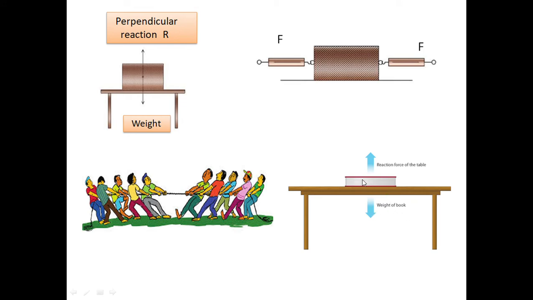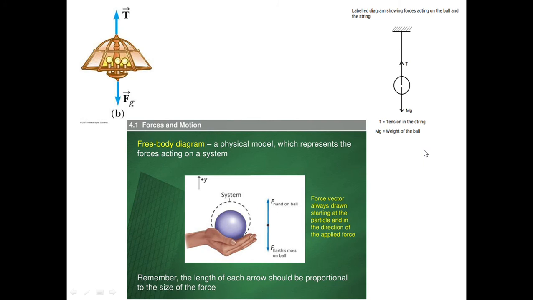Now look at this, the same example is shown here. The book is kept on a table, the weight of the book acts towards the earth, and the reaction from the table is shown by this arrow. There are two opposite equal forces shown in this. So the book is in an equilibrium position. Now a lamp is shown here.